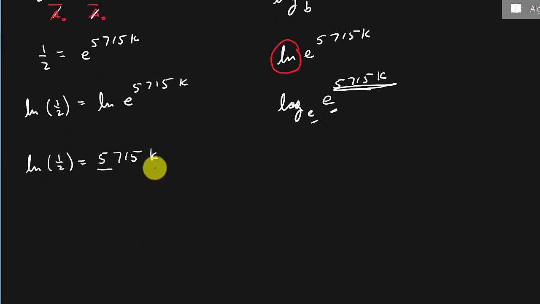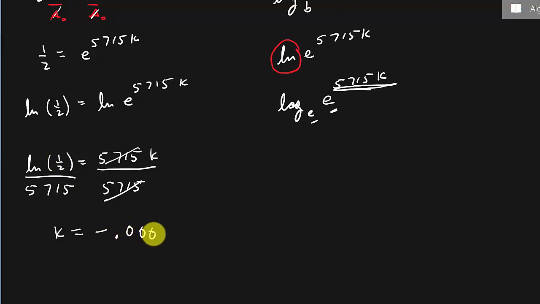And so then we divide both sides by 5,715, and those cancel, we're left with k equals, and I'm going to write this on this side, -0.000121. These are zeros right here.